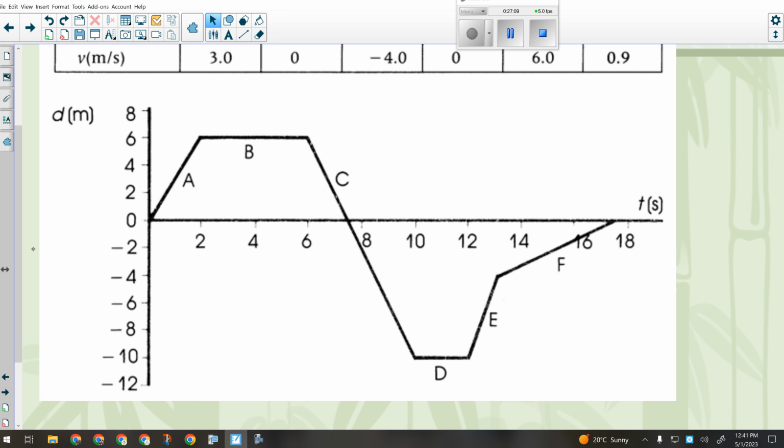All right, if we're looking at E and F, in both E and F, the object is moving at a constant velocity in a forward direction. Which part's faster, E or F? A few minutes ago, you guys told me the slope of a line on this graph represents velocity.